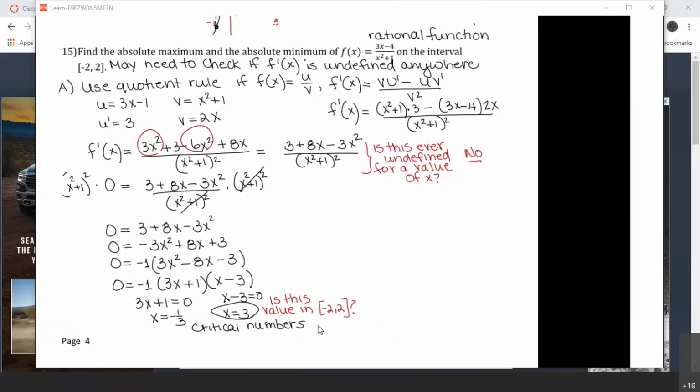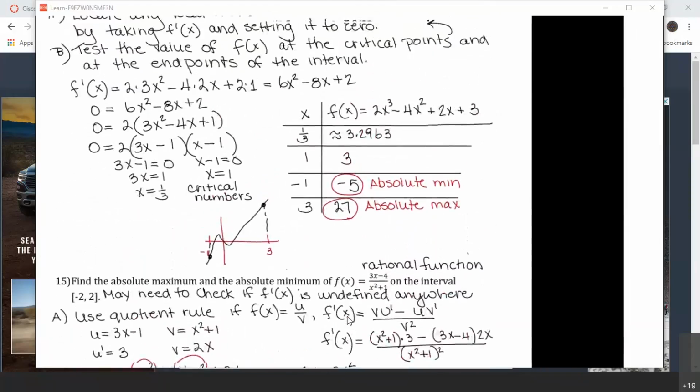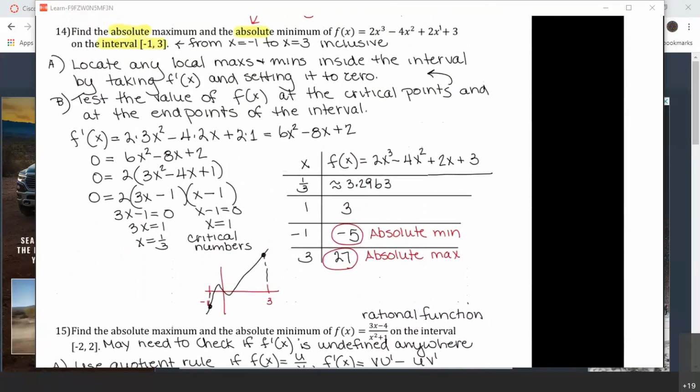I'm asking a question, folks. No, it's not. It's outside the interval. So it's not a candidate for an absolute max or min. We should have checked that up here as well. But both of our critical numbers in that one were within the interval -1 to 3, so that wasn't a problem.